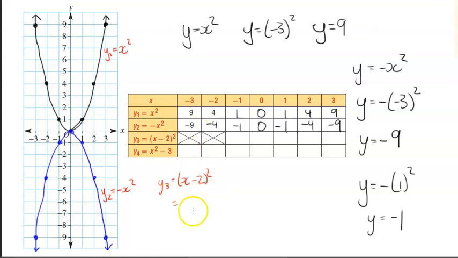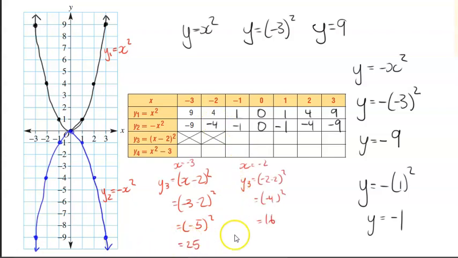So let's substitute negative 3 into this. This will be negative 3 minus 2 all squared, which is equal to minus 5 all squared. When you substitute these two values of x equals negative 3 and x equals negative 2, you get 25 and 16 respectively. Just put crosses here because it's an indication that it's a bit too high.